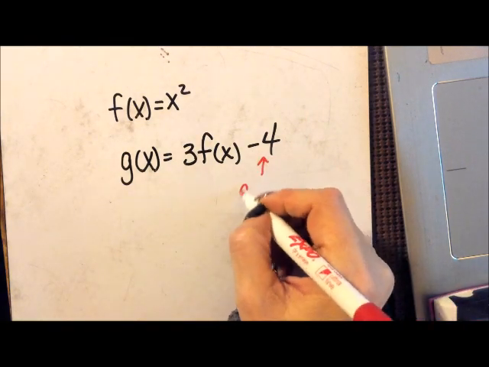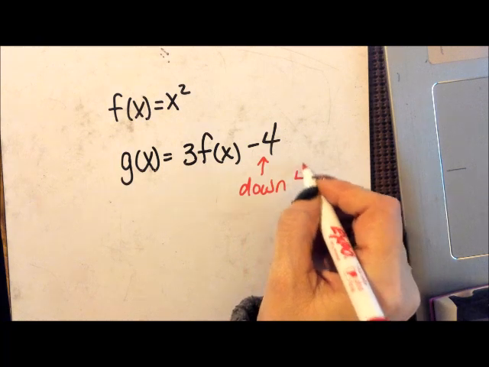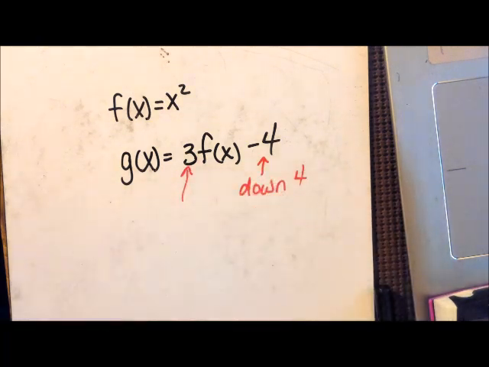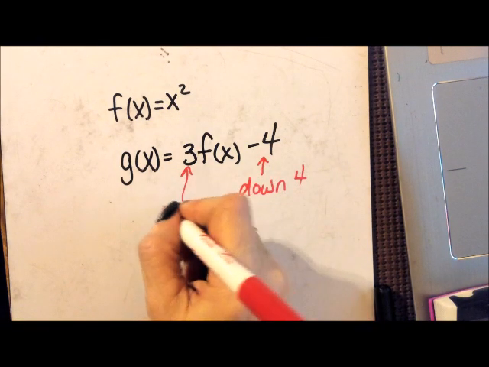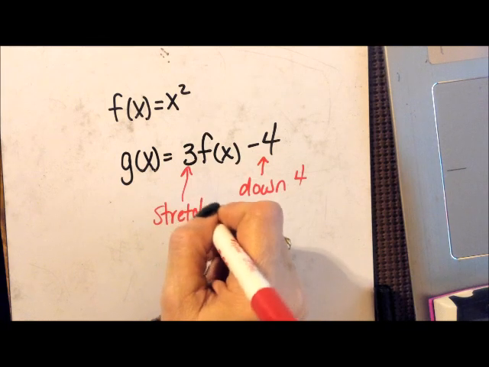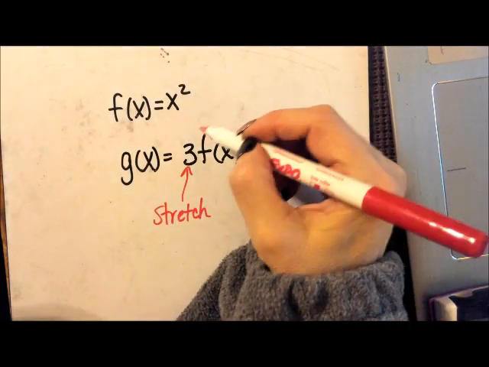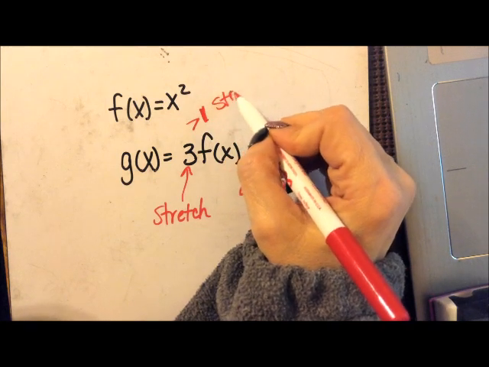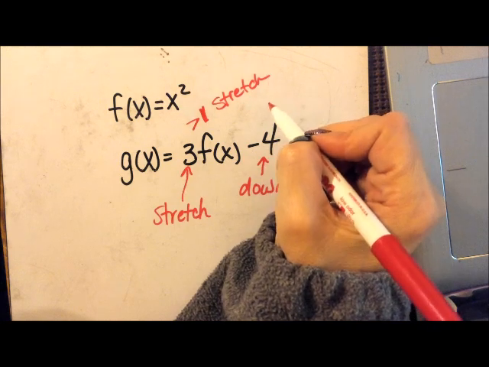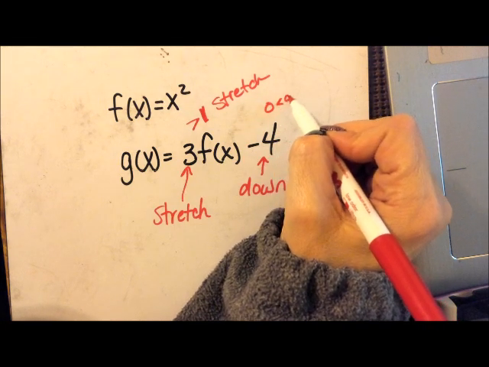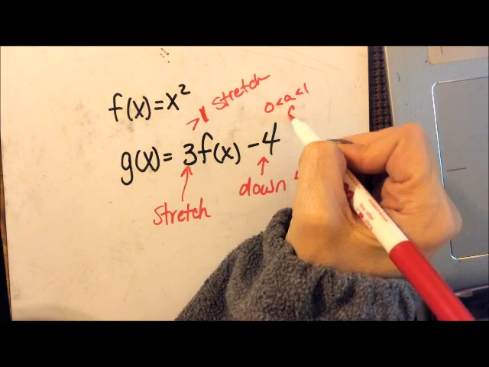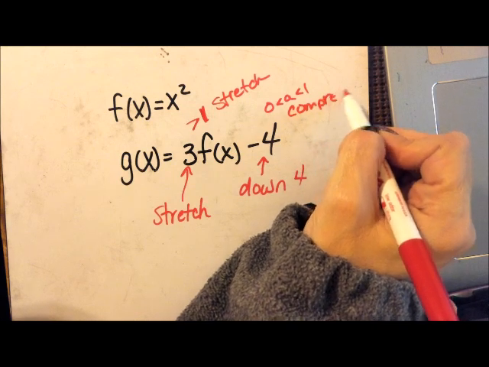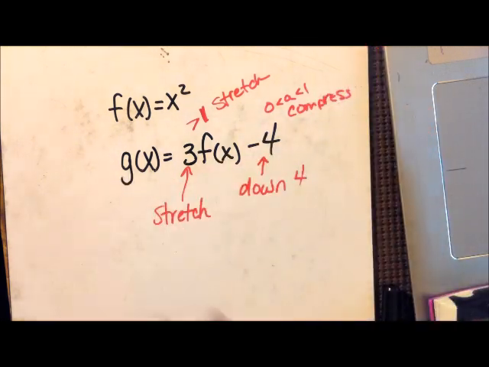The minus 4 moved it down 4, and what did the 3 do? 3 is bigger than 1, so it's going to be a vertical stretch. If this is bigger than 1, then it's a stretch. If it's a fraction between 0 and 1, then that is when we say it compresses or it gets wider. Either way you want to say it. All right.